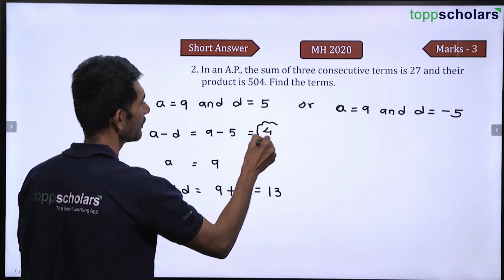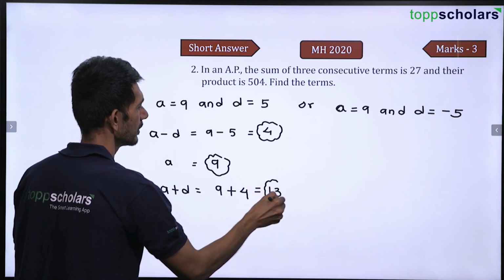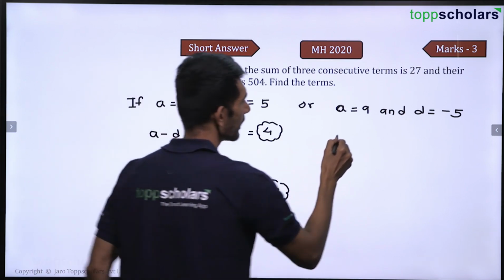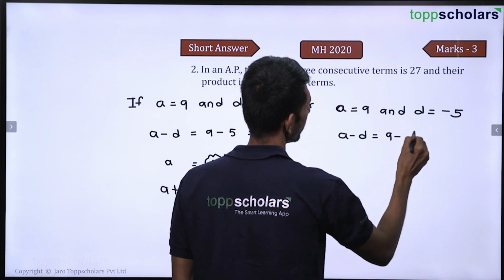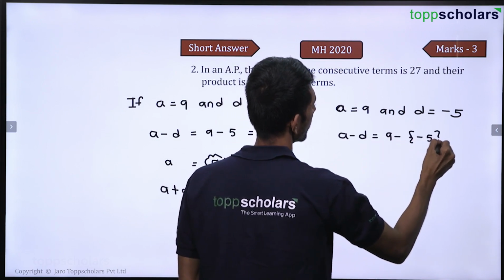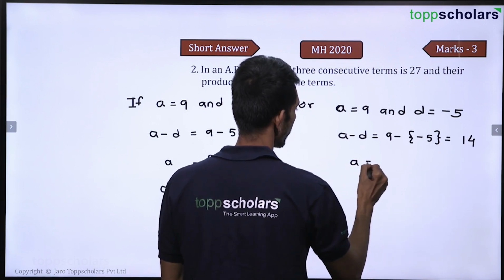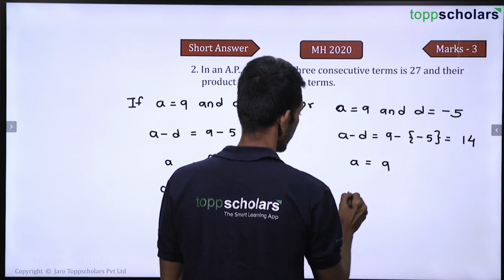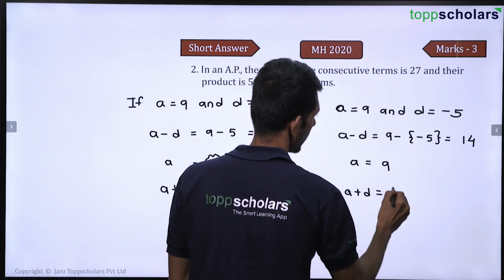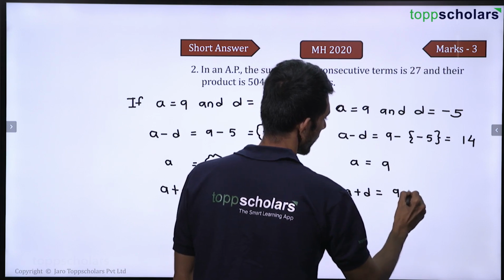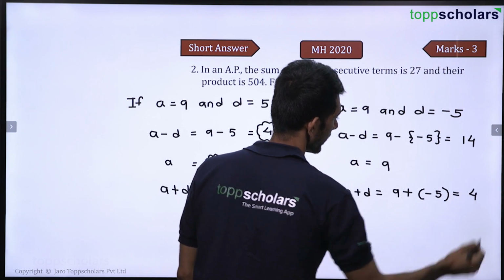So the three numbers are 4, 9, 14. Or, with d as minus 5, a minus d is 9 plus 5, which is 14, a is 9, and a plus d is 9 minus 5, that is 4.